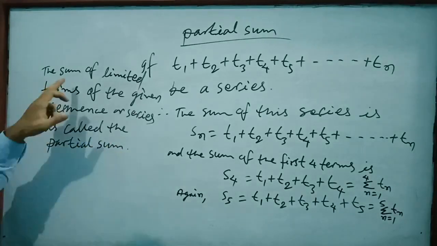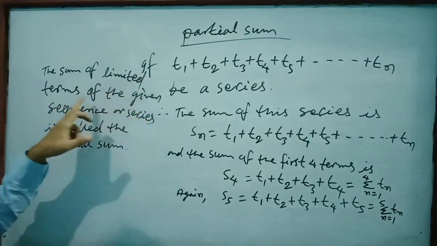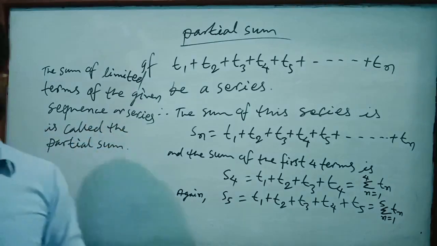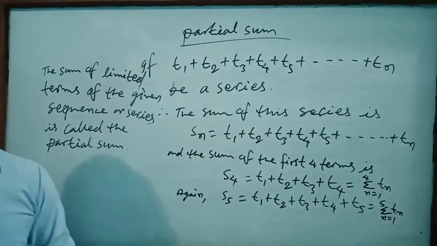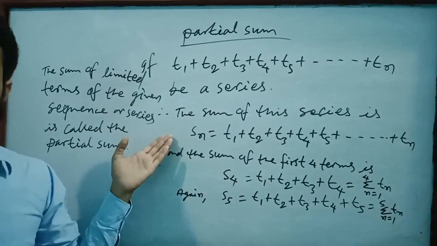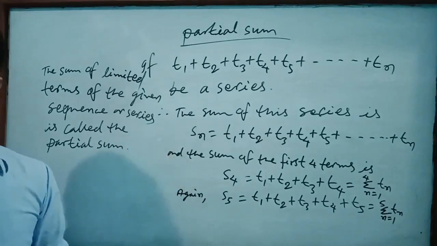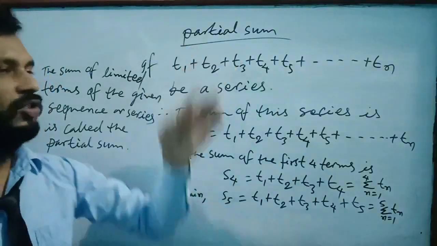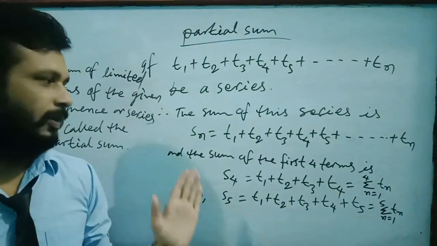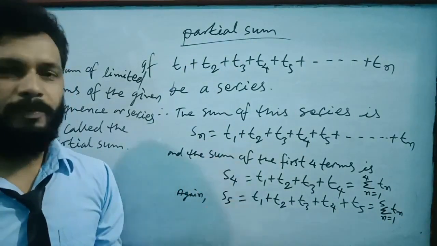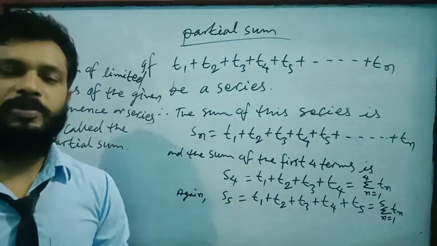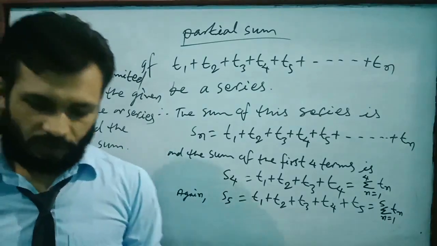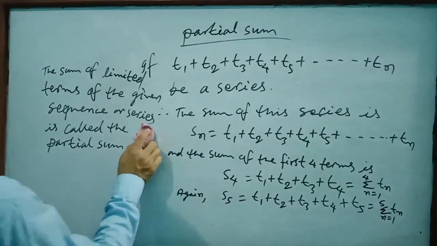Understood? The sum of limited terms of the given sequence or series is called the partial sum of the sequence or series. We can define it in this way. Or what is the concept? Concept of the partial sum, the sum of some terms. Understood? Okay.